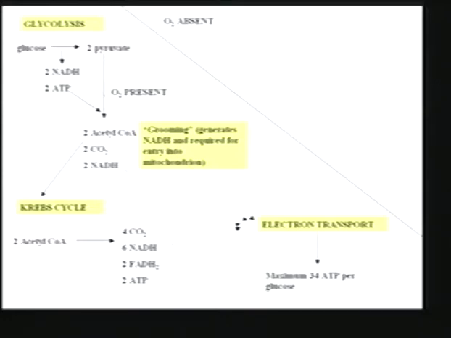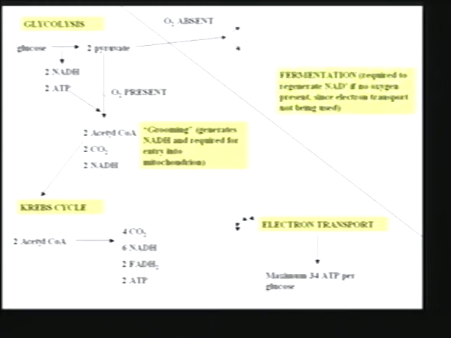There are some cells that will operate, however, in the absence of oxygen. If they do so, then they go through a process called fermentation. They don't go through any of this other stuff, Krebs cycle or electron transport. Instead, they take these pyruvate molecules and they put them into one of 2 different pathways depending on the cell type.